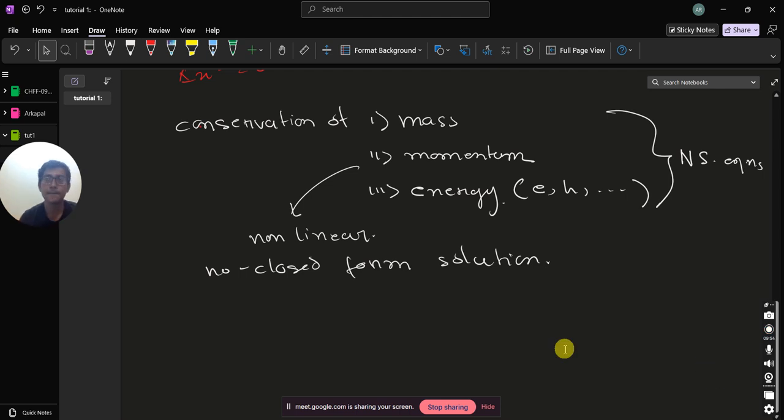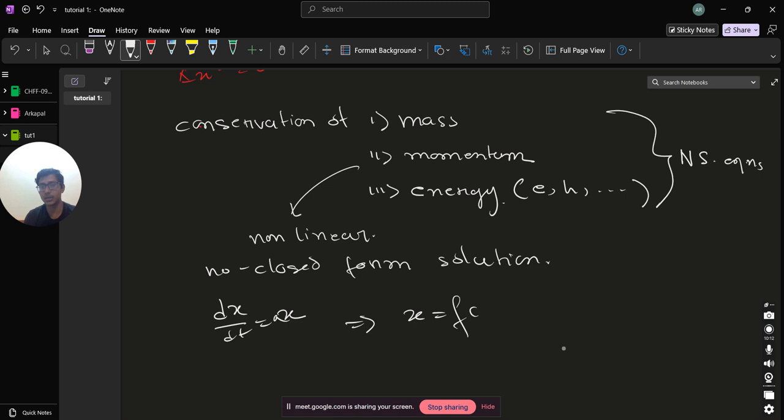Okay, for example, if you see some kind of differential equation, for example dx/dt is equal to ax, you can easily find the solution, right? You want x to be a function of t, right?